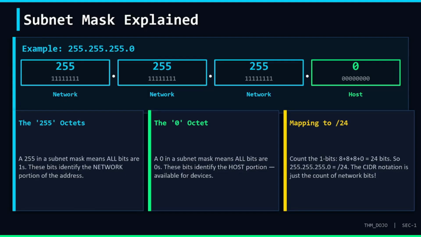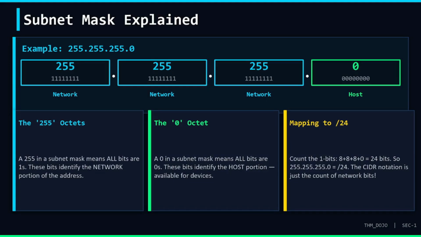Let us understand something more detailed about the subnet mask. Let us take an example of 255.255.255.0, where the first three octets are the network part and the last octet is the host part. A 255 octet in a subnet mask means all bits are ones, which identifies the network portion of the address.